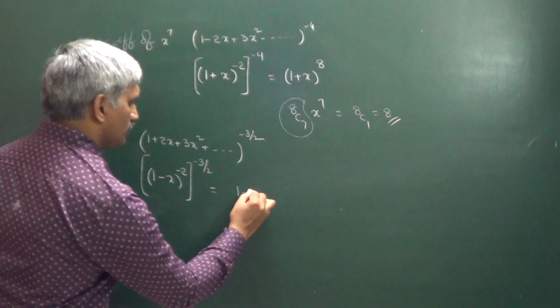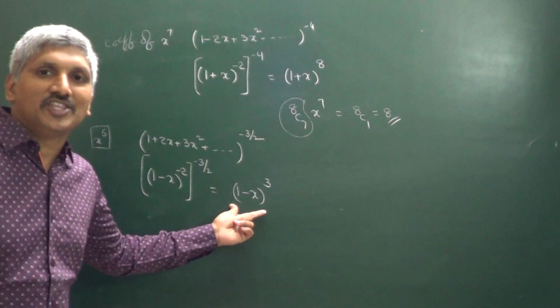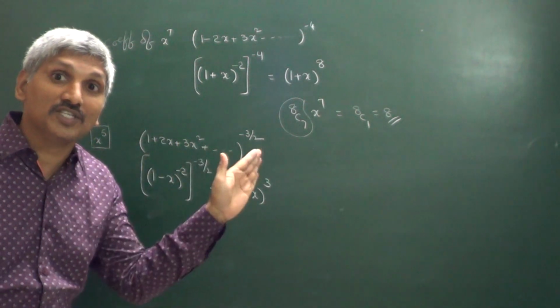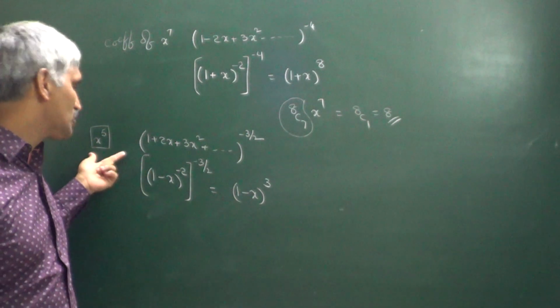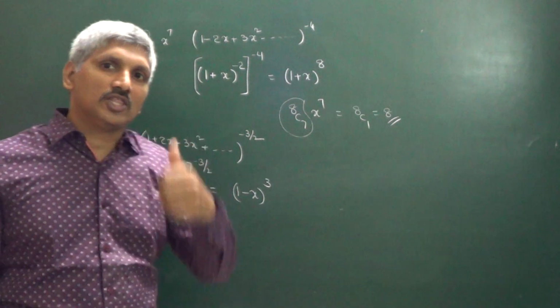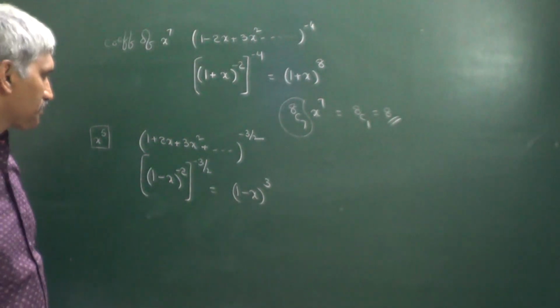That's what we are getting, (1 - x)³. In this expansion, the highest power of x is 3 only. X cube is the maximum power of x. That's why there is no chance of getting an x power 5 term. That's why the coefficient of x to the power of 5 is equal to 0.